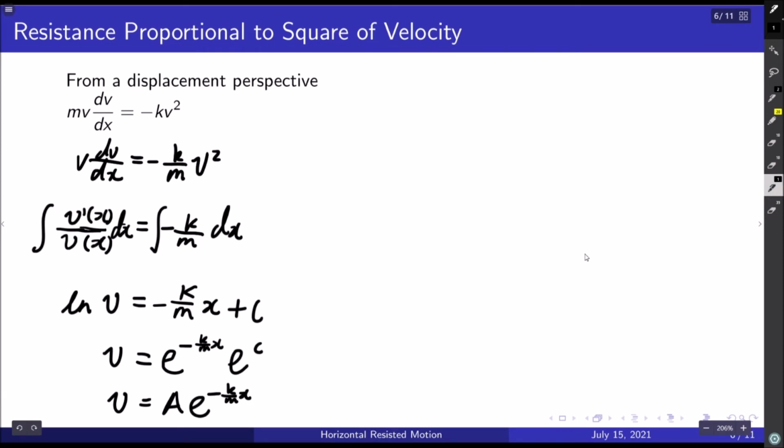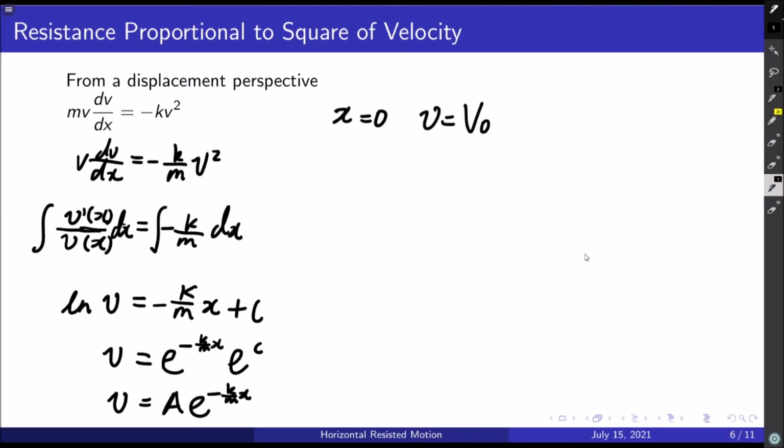From here we can find a by using the initial values. Let's assume it starts off at 0. When x equals 0, where it's initial, before it has moved anywhere, v equals some initial velocity.